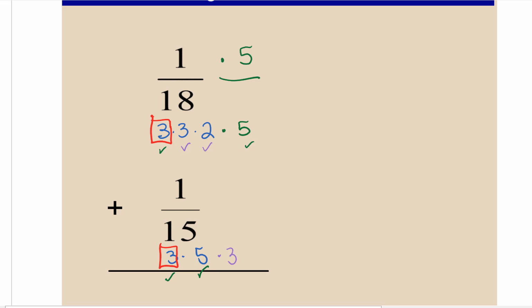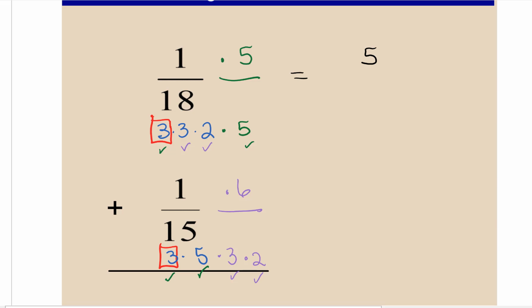And it also has a 2, so I need that 2. Well, 3 times 2 is 6. I'm going to multiply my numerator by 6, or by 3 times 2, same thing, in order to continue having an equivalent fraction.